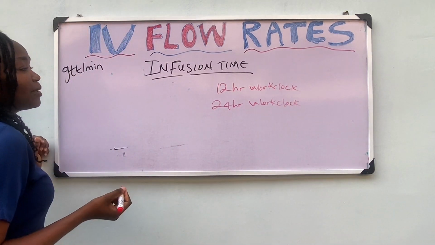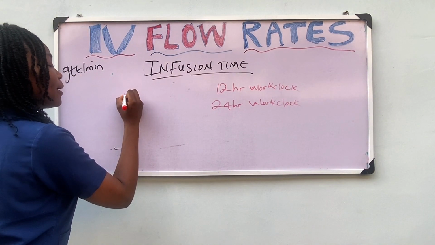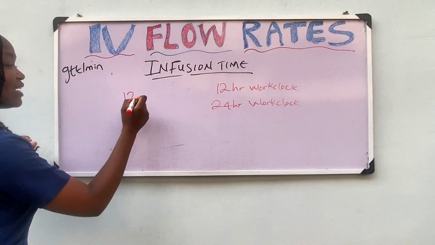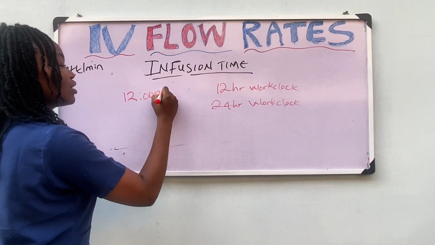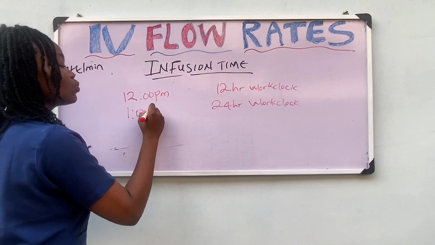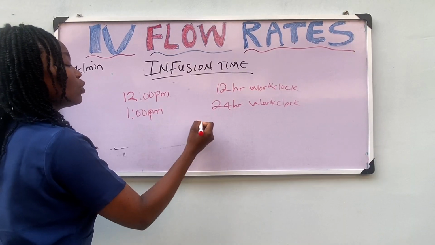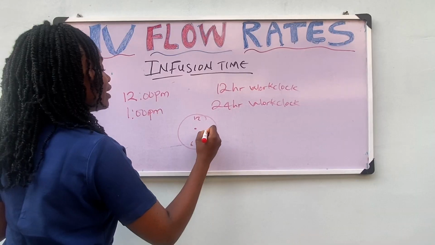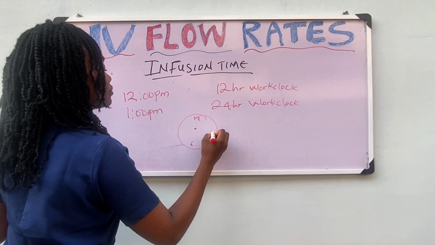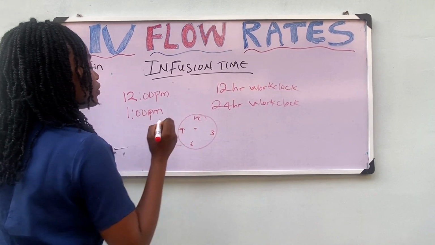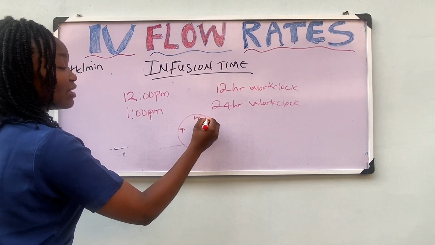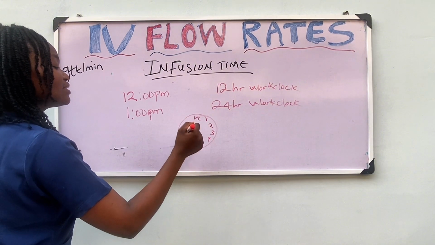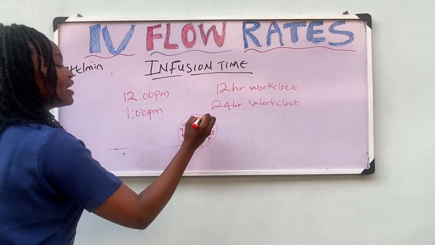So what that means is that when we get to 12 p.m. on a normal clock, after 12 p.m. the next time is 1 p.m., because we are making use of a 12-hour clock. After 12, it starts back again from 1 to 2 to 3 to 4 to 5 to 6, and so on, until we get again to 12.